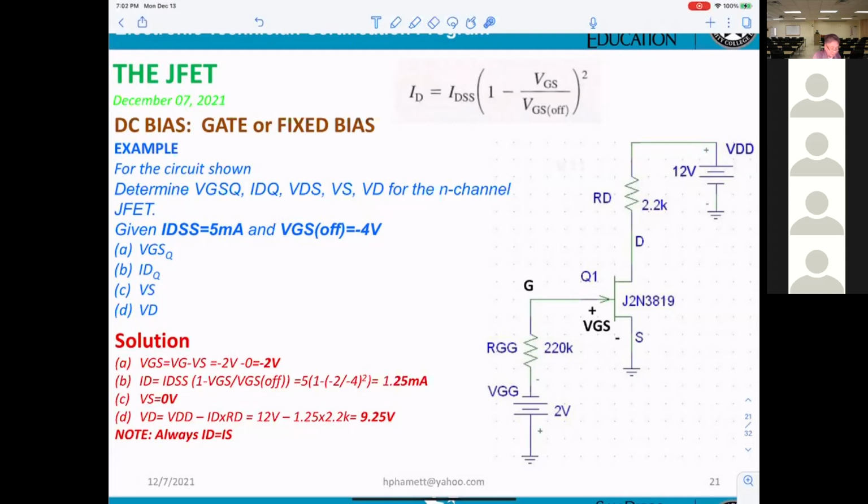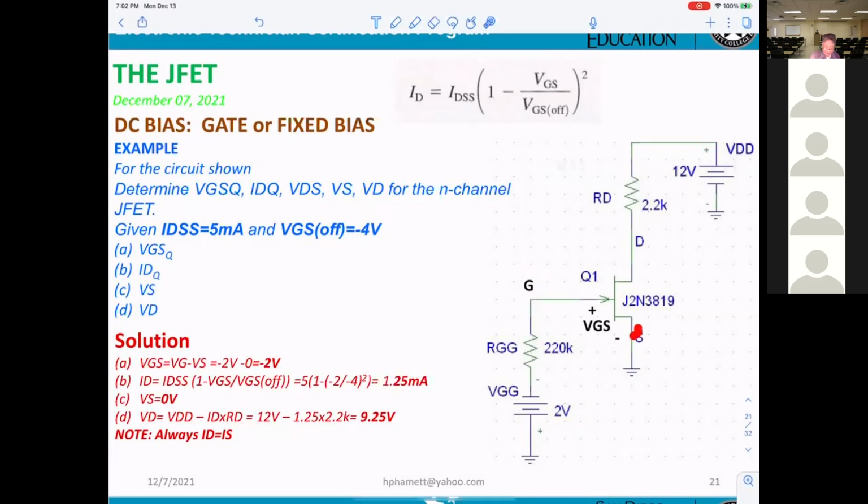To calculate the VGS, VGS equal VG minus VS. VG equal minus 2 volt. I already explained to you. You get 2 volt minus 2 volt here, and VG equal minus 2.